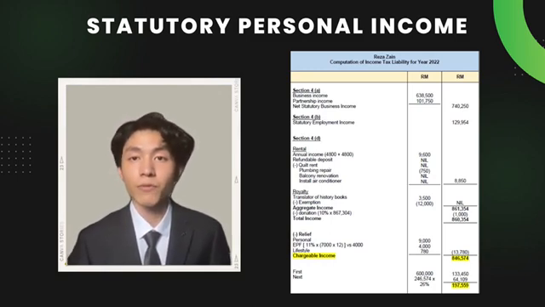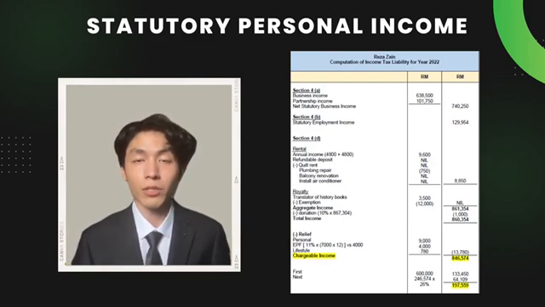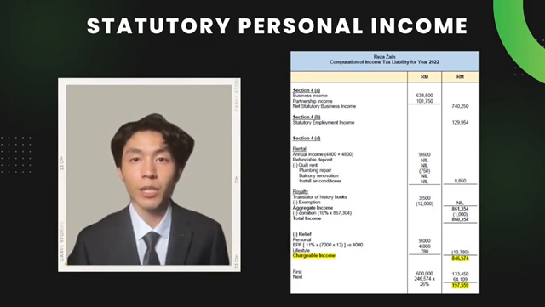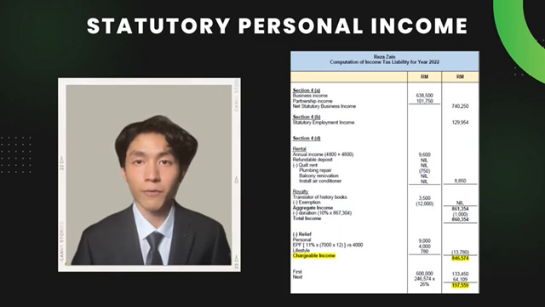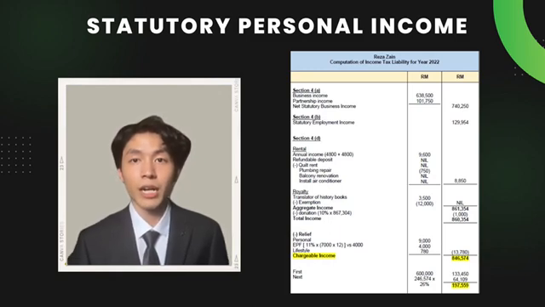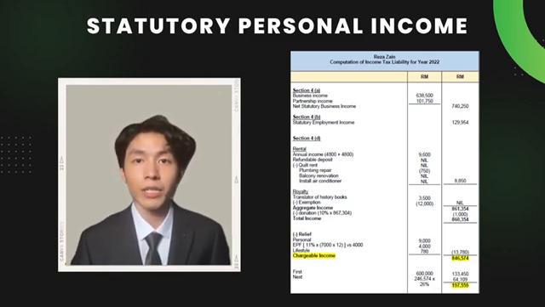Then, the total section 4A, net statutory personal income, is RM740,250. Next, we move to the section 4B, which is statutory employment income, which is cost RM129,954.